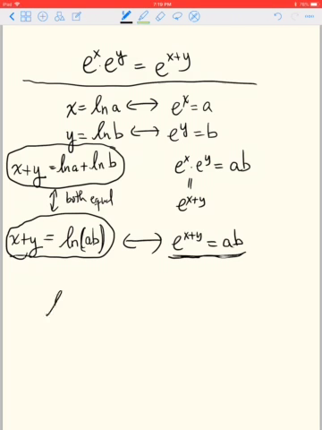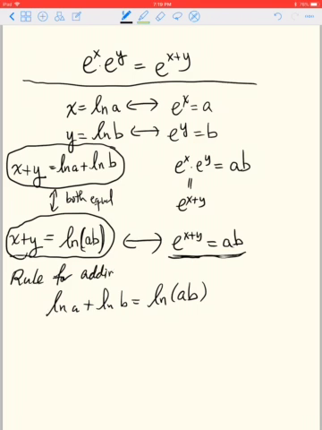And so that must mean that these are both equal. And so that means that log of a plus log of b has to equal the log of a times b. So this is what's sometimes called the rule for adding logs.